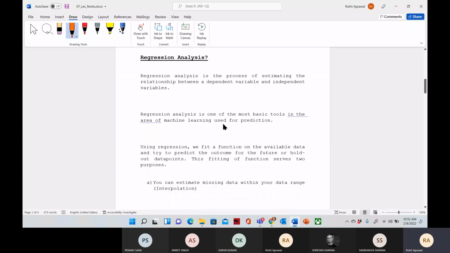So now different books have their own way to write the definition, so I can dictate them as well. So the regression analysis is the process of estimating relationship between dependent variable and independent variable. For our COVID patients, dependent variable was the number of patients.